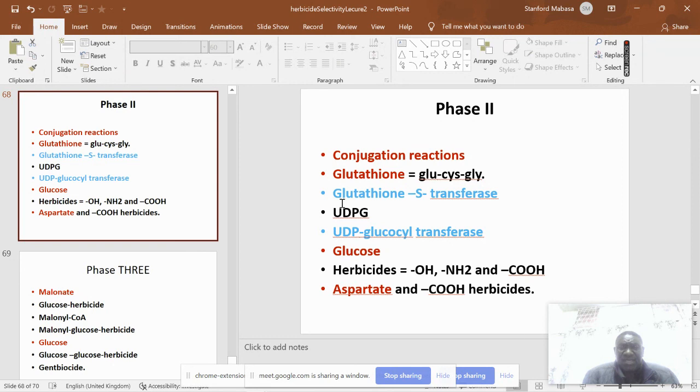And we've got glutathione S transferase, which will facilitate the reactions. So here I have raised a red flag.